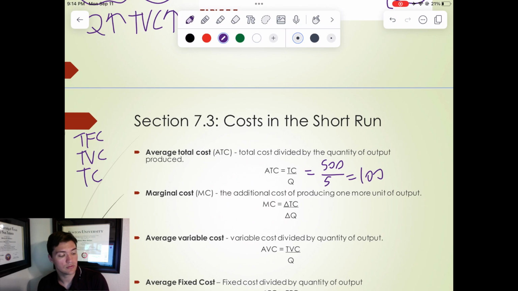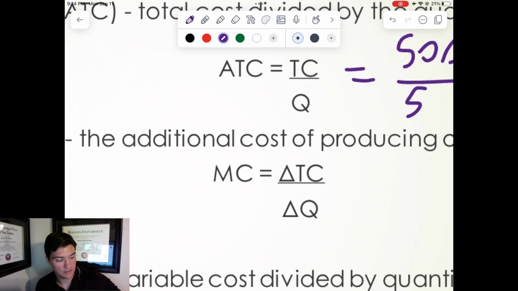We can also find the marginal cost. As we know with the marginal, you're looking at that change, that difference. So basically, if you wanted to make another t-shirt, what's the extra cost that you have there? So the marginal cost is that delta total cost.